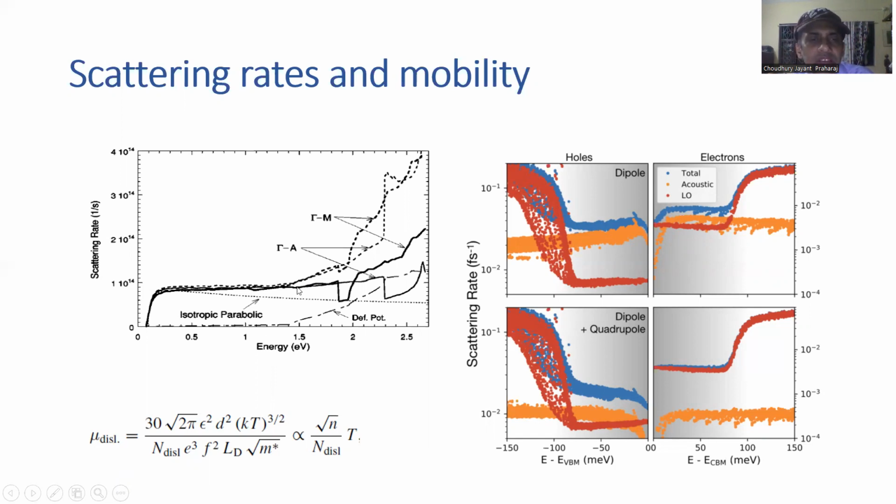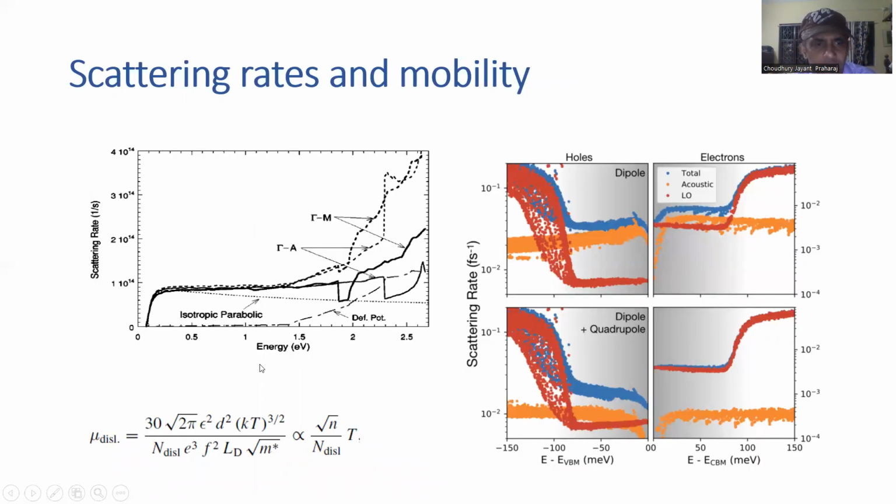Typically, there is also impurity scattering, not shown here. Impurity scattering typically decreases with energy, while the phonon scattering rates typically increase with energy. And the figure on the left shows phonon scattering rates increasing with energies. The phonon scattering consists of phonon absorption scattering and phonon emission scattering, so it's the sum of those two scattering rates that determines the phonon scattering rates. And as you can see, these are the various kinds of phonon scatterings that happen in these materials.